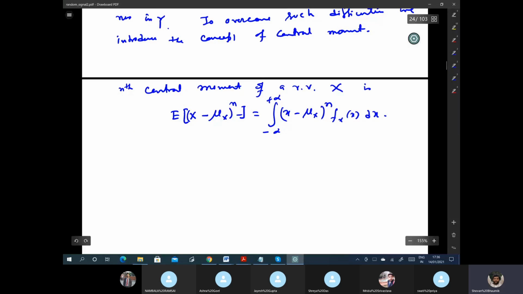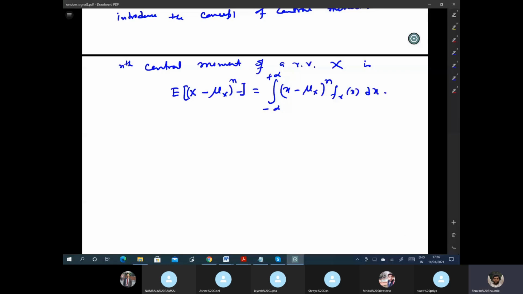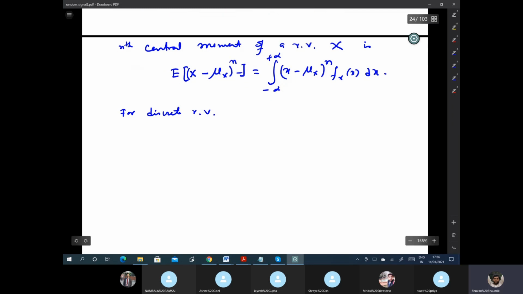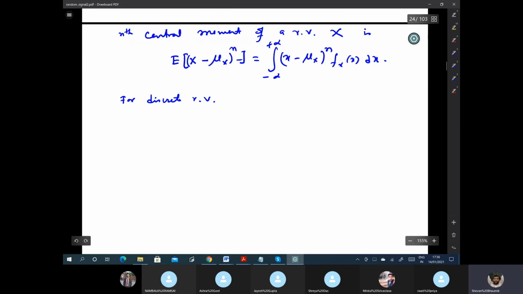Mu x is the first moment of the random variable, and then we keep on getting the moments. So for discrete random variables, we are discussing in parallel. Why? Because discrete random variables are very important for our research, because we need to incorporate computers everywhere.